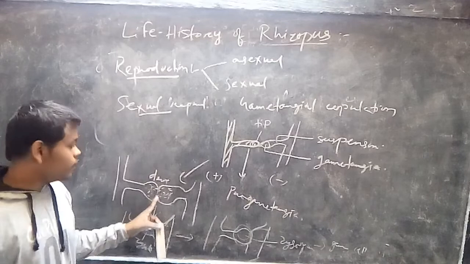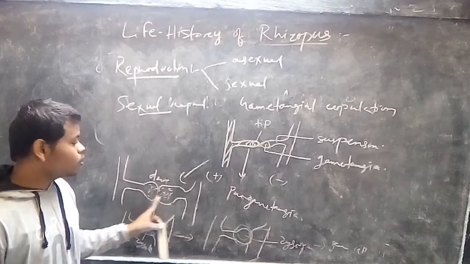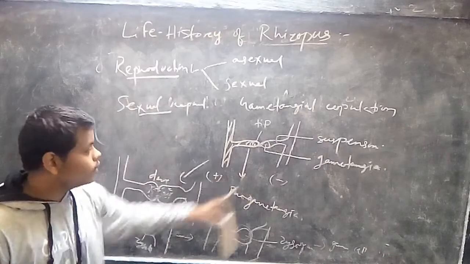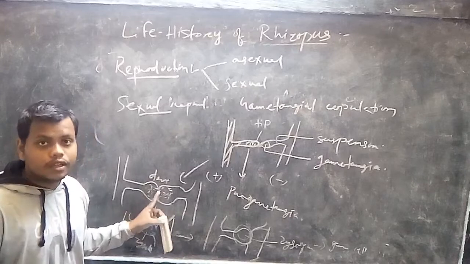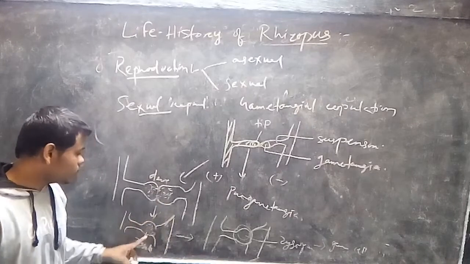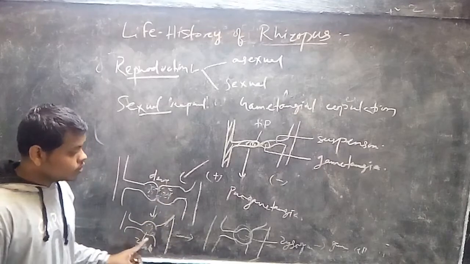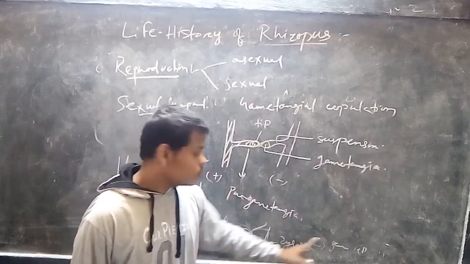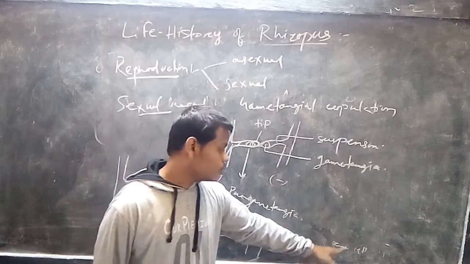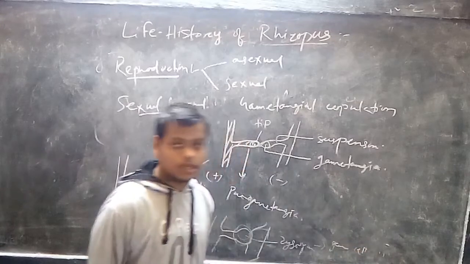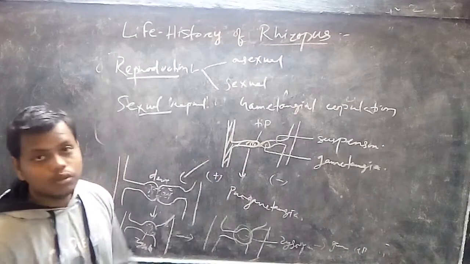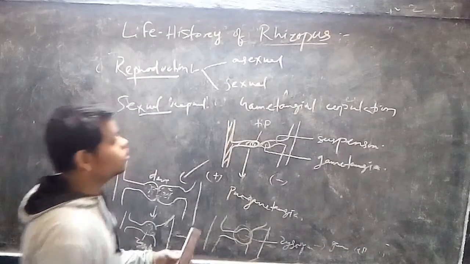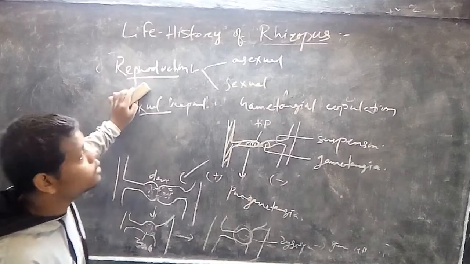When the wall is interrupted, then the protoplasm and nuclei of two gametangia intermingle with each other. After that, the structure formed is called zygote. This zygote develops into zygospore. This zygospore, under favorable condition, grows into germ cell, and this germ cell, when detached and fallen on the substratum, grows into a new thallus or the Rhizopus. Okay. So this is the general life history of Rhizopus.